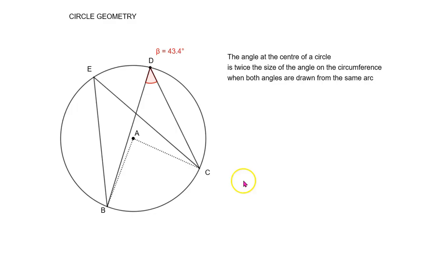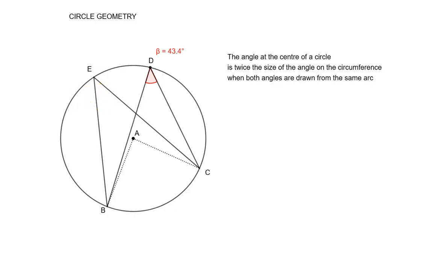Now the second angle fact that we're going to look at is what happens if I've got another angle on the circumference of the circle that's drawn from the same arc BC, same arc that I drew the angle D from. Now we've got the angle D, we've got its size over here, and if we take a look at it, it looks roughly the same.